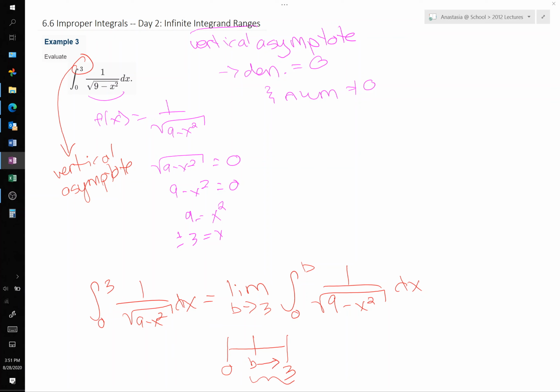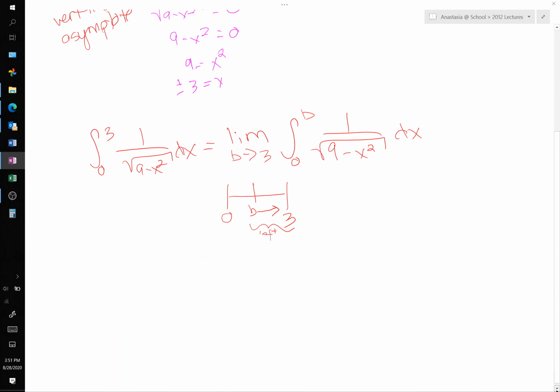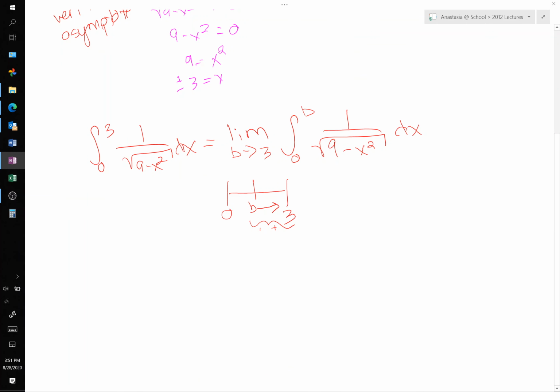Notice that we are to the left of 3 here, so we are approaching 3 from the left. So this means that we're going to have a left-sided limit here. Okay, so now we have our limit set up.